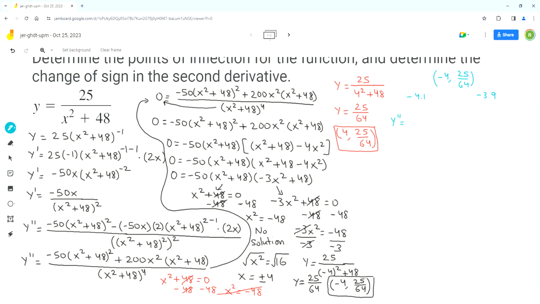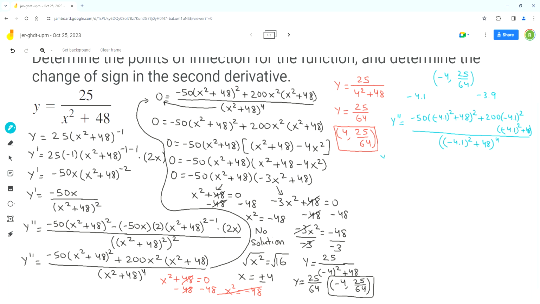So y double prime equals negative 50 times negative 4.1 squared plus 48 squared, plus 200 times negative 4.1 squared times negative 4.1 squared plus 48, over negative 4.1 squared plus 48 and then exponent 4.